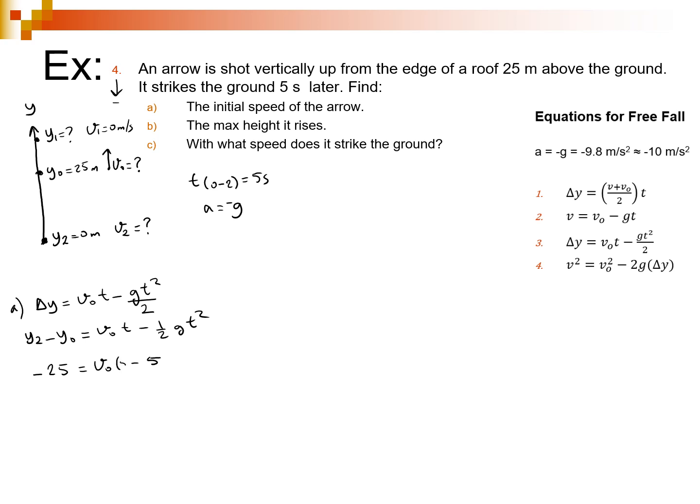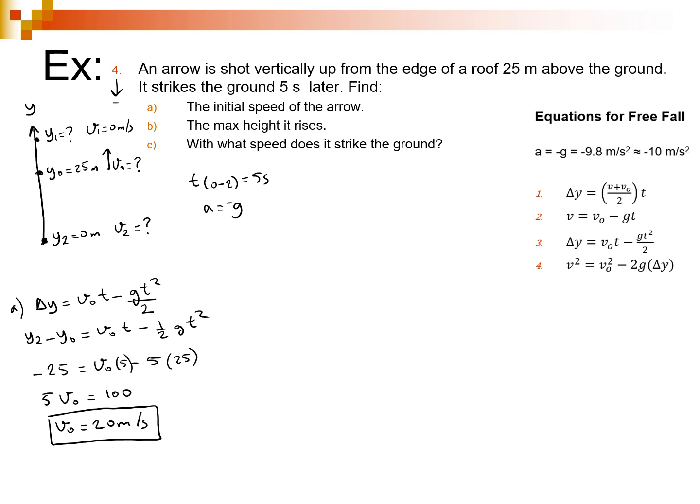So this is just 5 v0 minus 5 times 5 squared. Okay, so this means 5 v0 is equal to, rearranging, 125 minus 25, 100. So v0 is 20 meters per second, as you see. All right, there you have it.